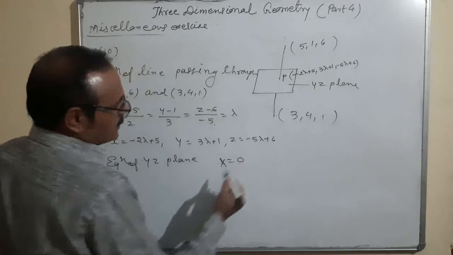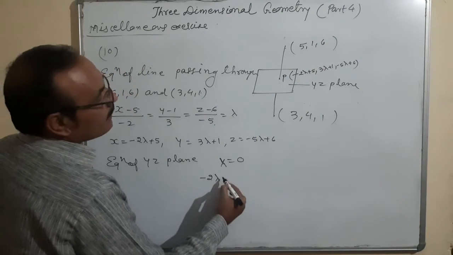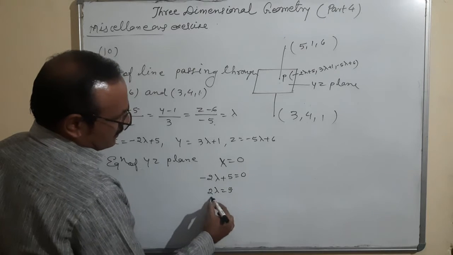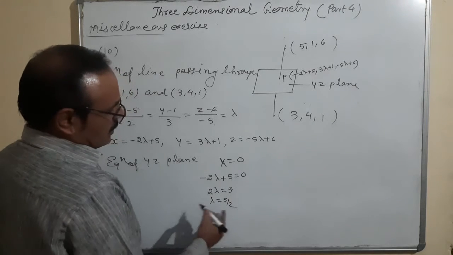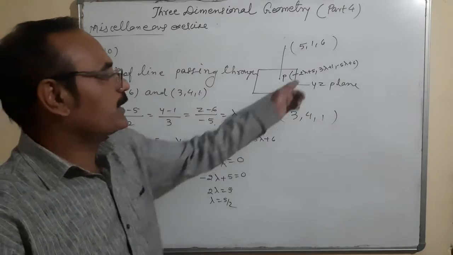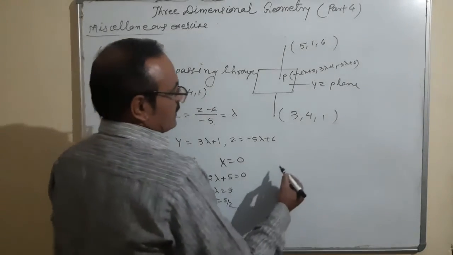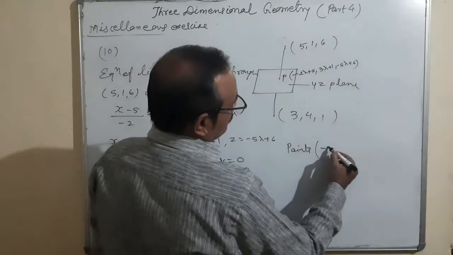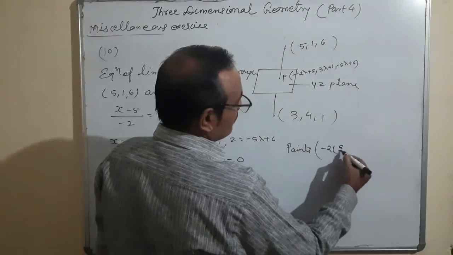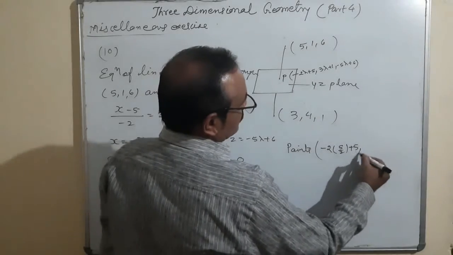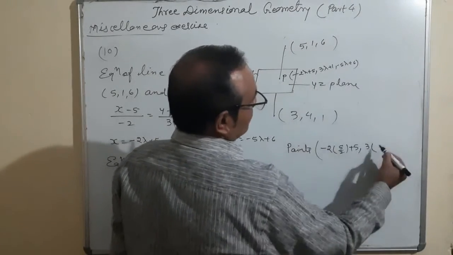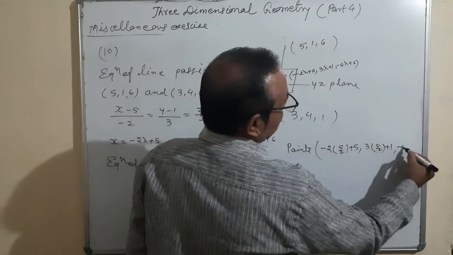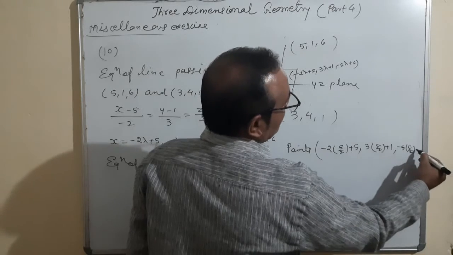For x, the first coordinate, minus 2 lambda plus 5 is equal to 0. Therefore 2 lambda is equal to 5, so lambda is equal to 5 by 2. Now I am going to put this lambda in the points. The points are minus 2 times 5 by 2 plus 5, 3 times 5 by 2 plus 1, and minus 5 times 5 by 2 plus 6.